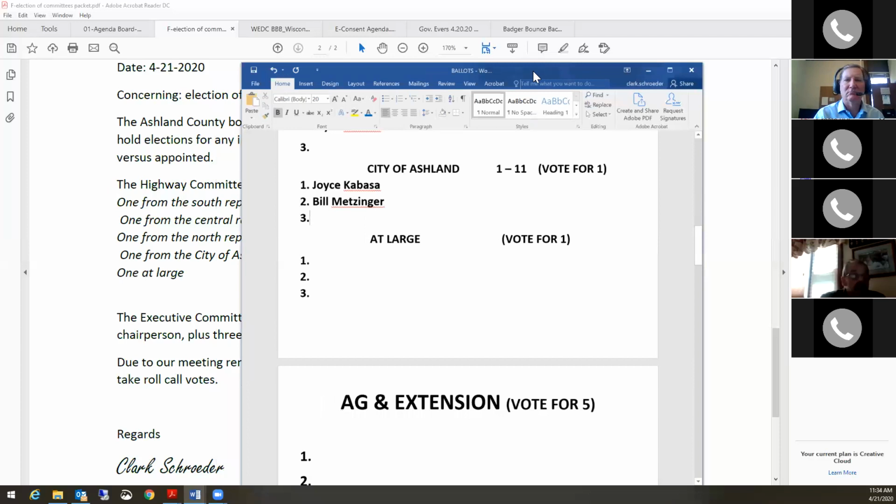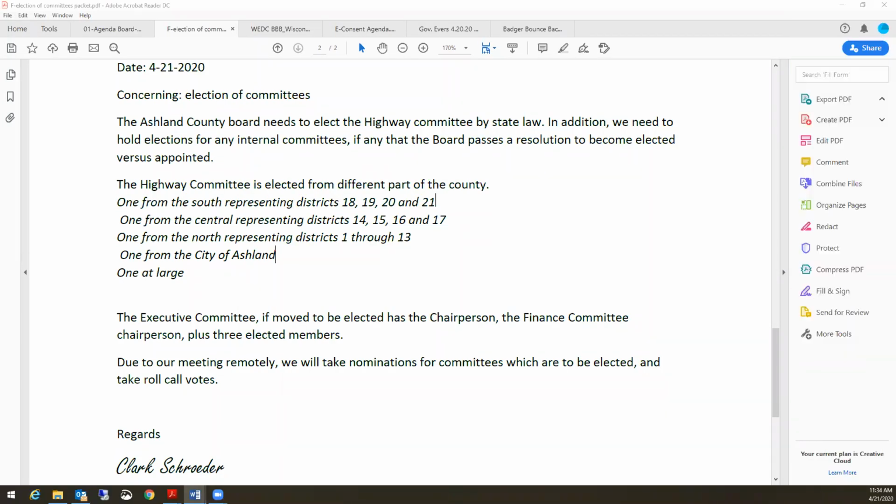Okay, one at-large member from District 1 through 21. This is Gary Murdy. I nominate Marty Vitek. Good one. This is Negro. I nominate Pepe Cabasa. This is Joe Rose.